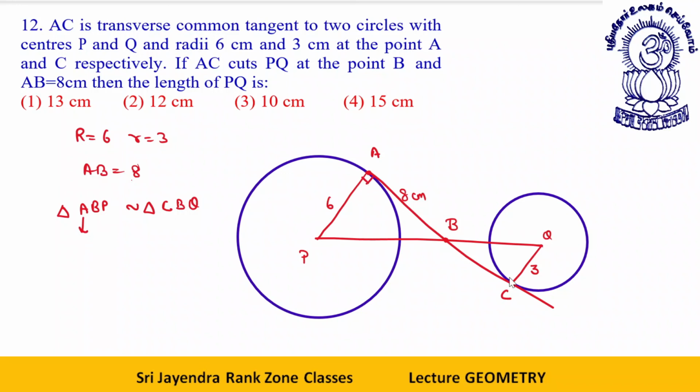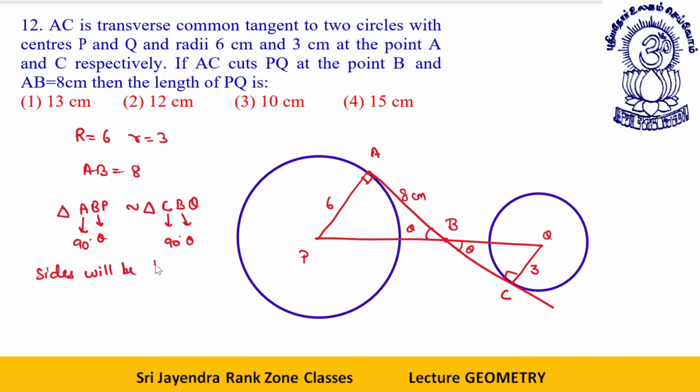Tangent and radius, 90 degree. This is radius, this is tangent, 90 degree. So at both places it is 90 degree. The first angle is 90 degree. What is the second angle? B. B is this, here also the second angle is B. If this is theta, this will also be theta. So for the second angle, both places it is theta. So when the two triangles are similar, therefore sides will be proportional.